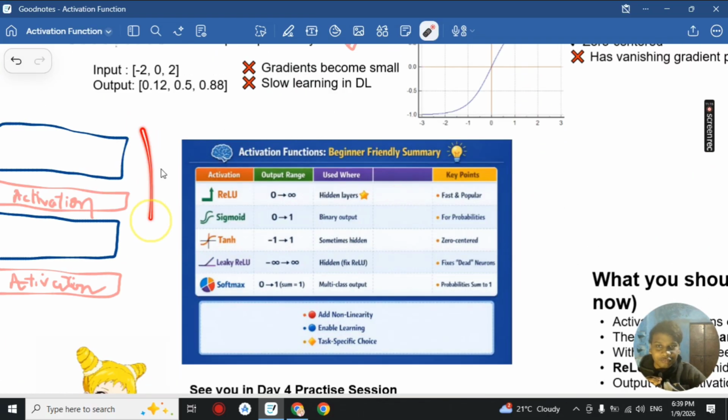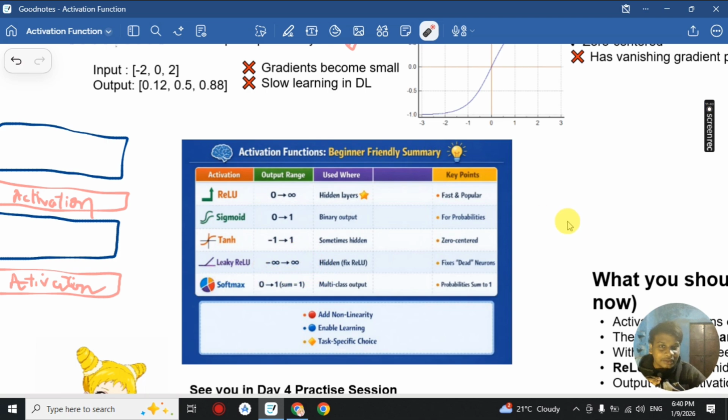Here we have a simple box which compares the 5 functions. ReLU gives output ranging from 0 to infinity and it ignores the negative values. Sigmoid gives values from 0 to 1, tanh from -1 to 1, leaky ReLU from minus infinity to infinity.